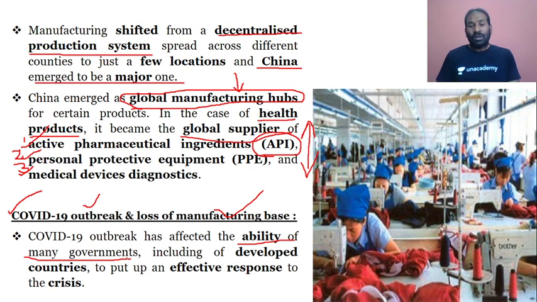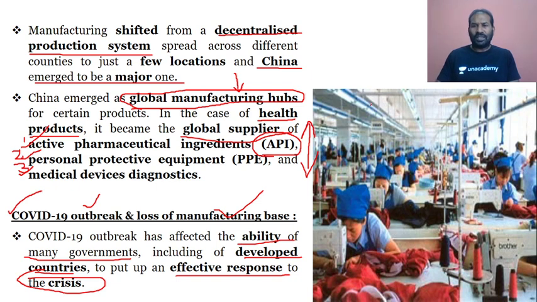The governments have lost the ability to handle the situation. Along with the developed countries, they could not put up an effective response to handle the crisis. That is what I've said, and this is what is impacting the manufacturing base.